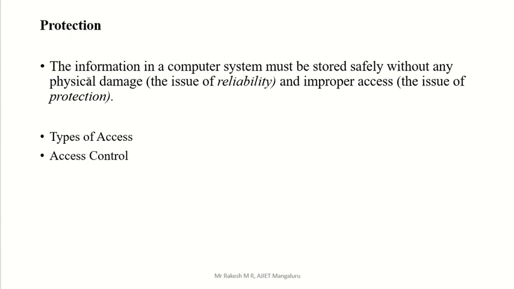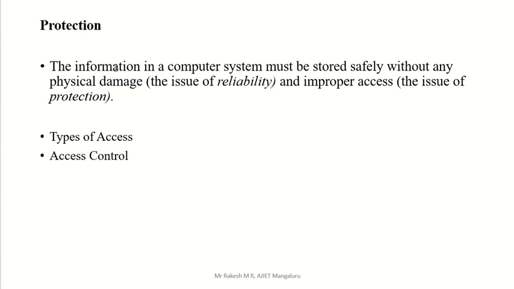If there is any improper access, we have to go for protection. If there is any physical damage, then we have to go for reliability. That is the definition of reliability and protection. There is a difference: protection applies when there is improper access of the file, and reliability applies when there is physical damage to the file.